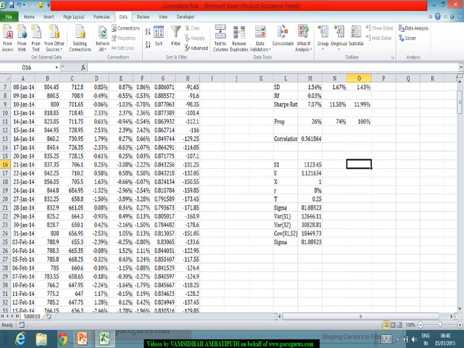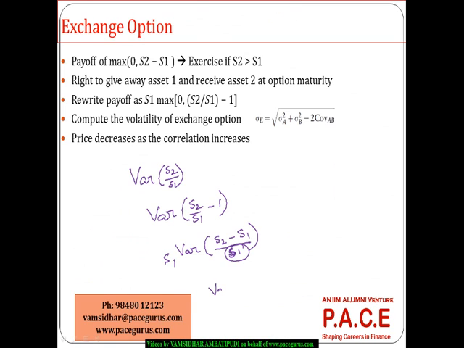We'll first compute D1, where we'll take log S divided by X plus, so I don't need to compute all of them now. We can directly use the Black-Scholes formula to finally arrive at the price of this call option, and that's how we are using it to compute the volatility part.